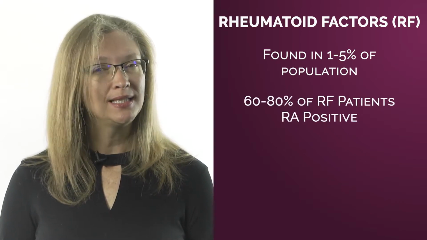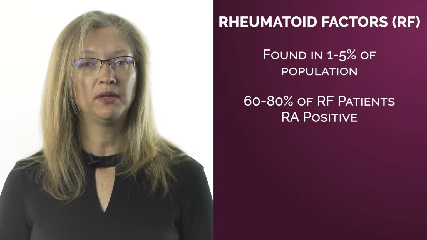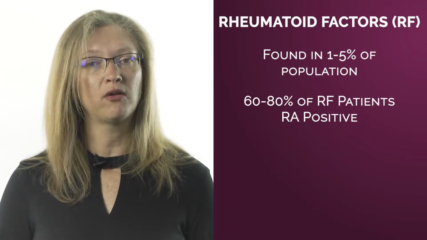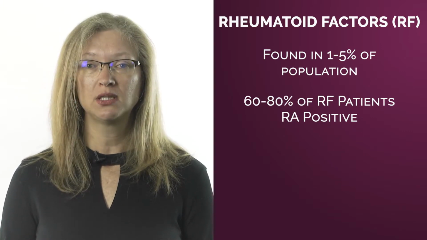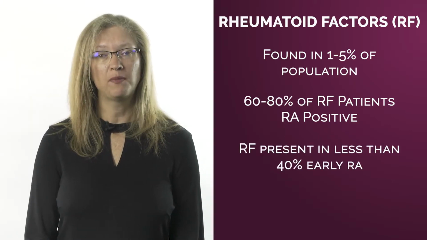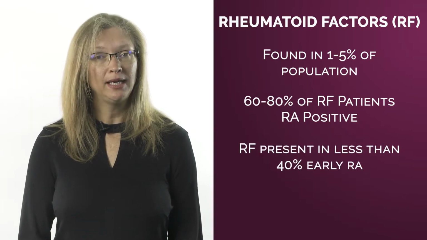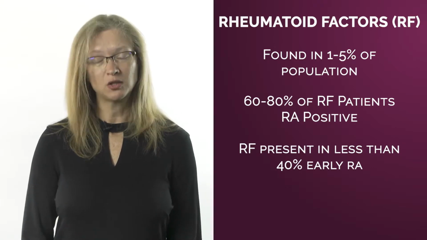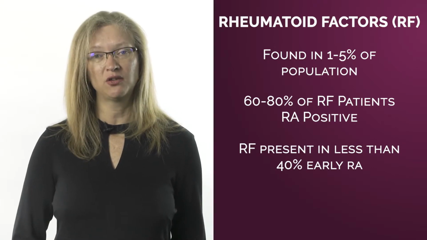And then only 60 to 80% of people that do have rheumatoid arthritis will be positive over the course of their disease. And fewer than 40% of patients might be rheumatoid factor positive early in the diagnosis of rheumatoid arthritis. And that just shows how non-sensitive this test can be.